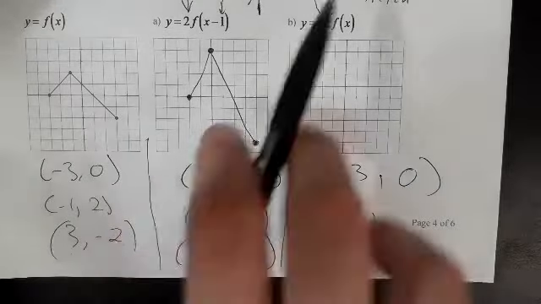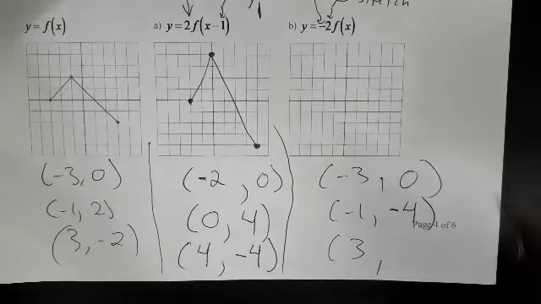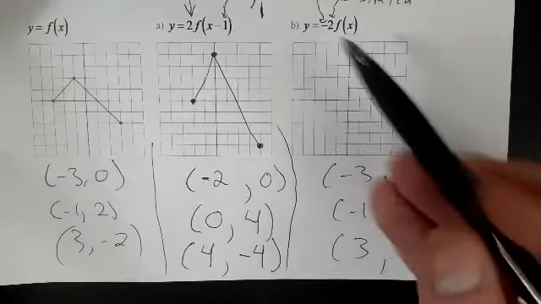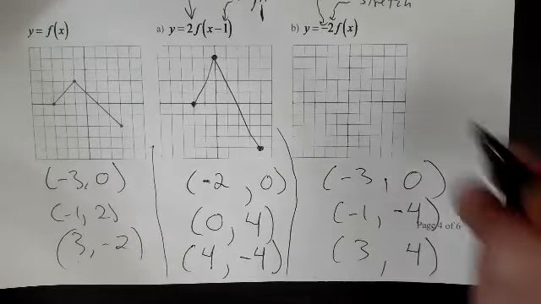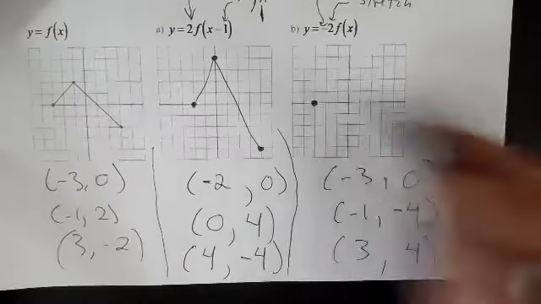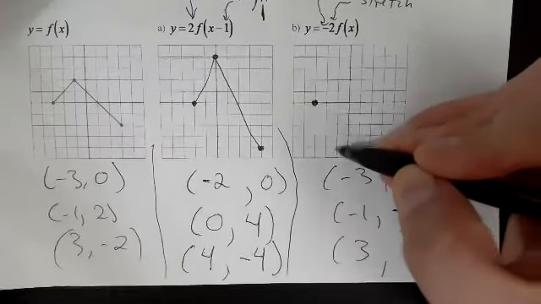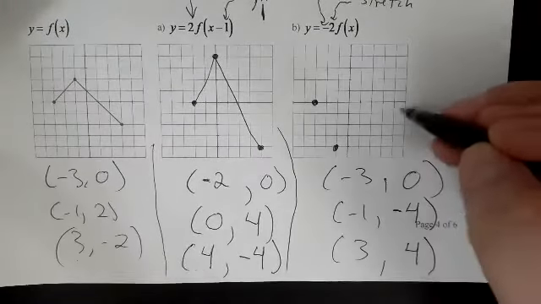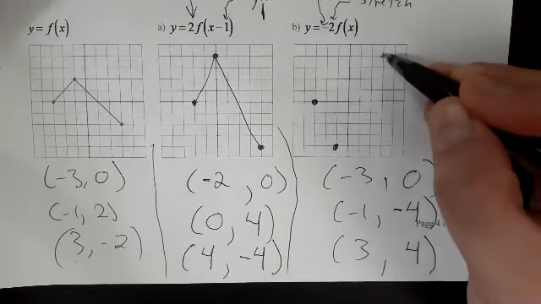I got to multiply it by a -2. This is going to become -4. I have to take this -2, multiply it by a -2, and it's going to become +4. So -3, 0, -1, -4, and 3, 4.